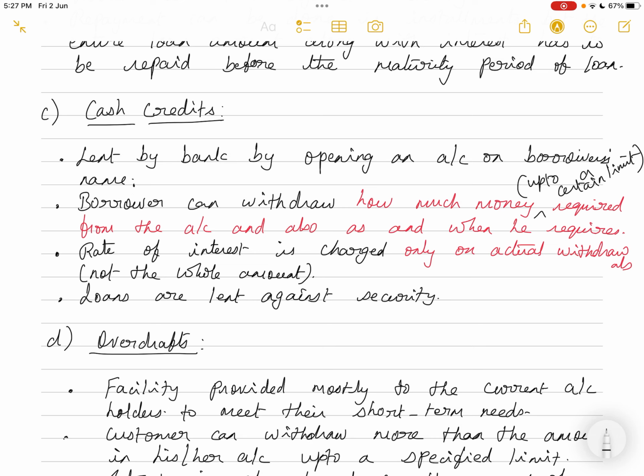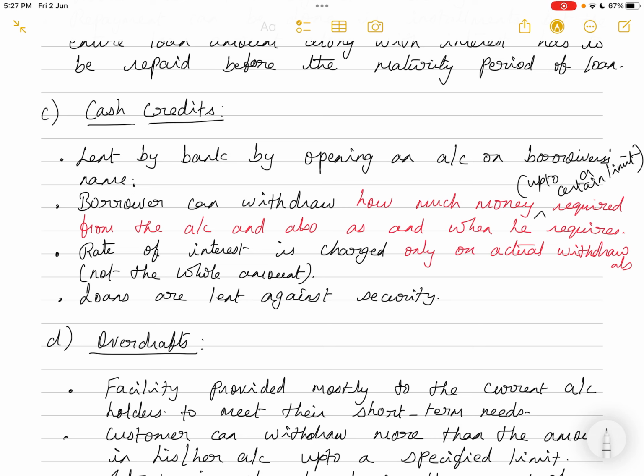However much money the customer withdraws at a particular point of time, the rate of interest is charged only for that amount withdrawn. It is not like a short term loan. In a short term loan, the entire amount is sanctioned, and whether the customer uses the entire amount or not, the rate of interest is charged on the entire amount.